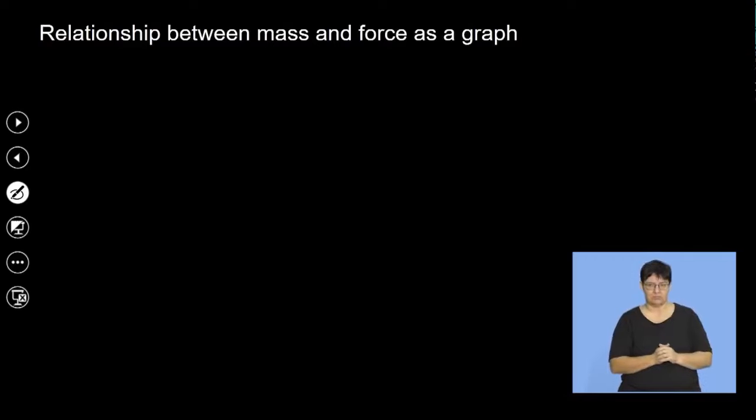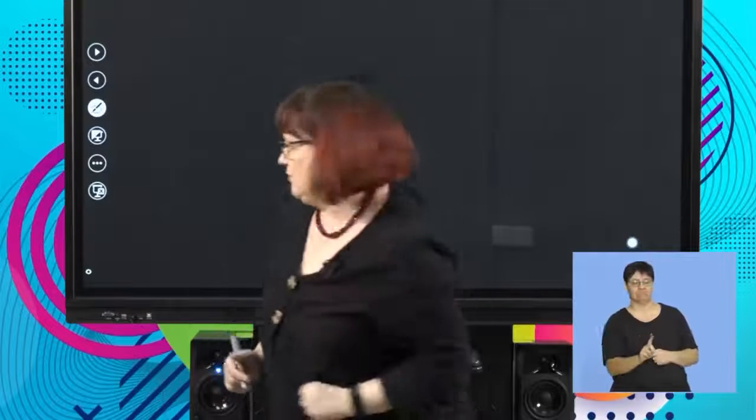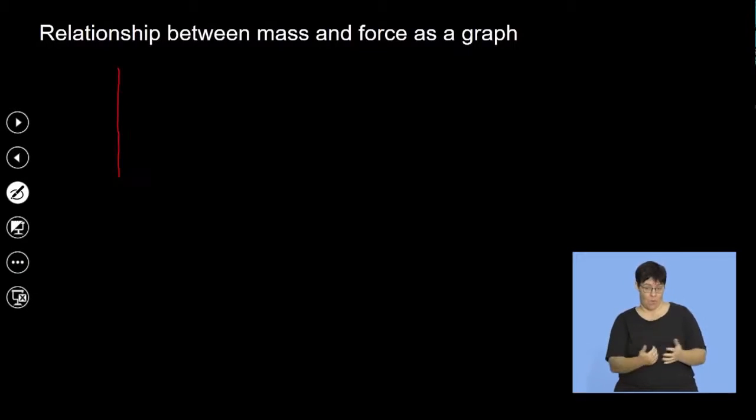We could use this to get some values, which we're not going to worry about. But what I need to look at now is the relationship between mass and force as a graph. We could use a simulation like that, where we take the mass and the force and then plot it onto a graph. The important thing is we don't plot the masses separately. What the graph will look like is this.